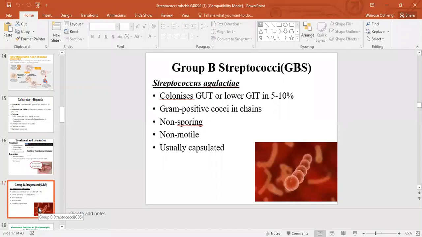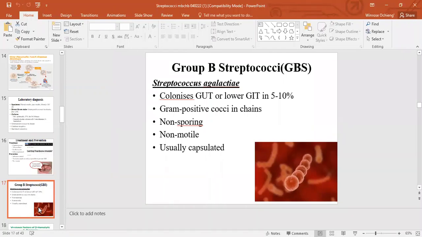Yes, both of them are beta hemolytic, but we differentiate them by the Lancefield grouping, the C carbohydrate on the cell wall. And apart from that, we also do biochemical tests. The gram stain will be the same: gram-positive cocci in chains. They will also be catalase negative, being species under the genus Streptococcus, which differentiates them from the genus Staphylococcus.